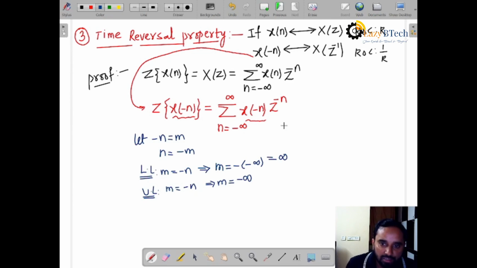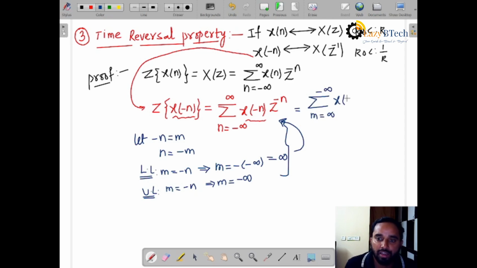Now all these we substitute in this summation. Now this summation will become summation over m, lower limit plus infinity, upper limit minus infinity, x of m and z power minus n, where n is equal to minus m.